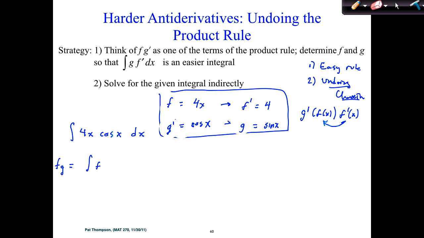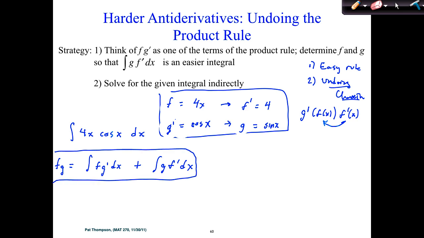All right, so this is consistent with what we talked about earlier: that fg is the integral of f g prime dx plus the integral of g f prime dx. That's the antiderivative version of the product rule.